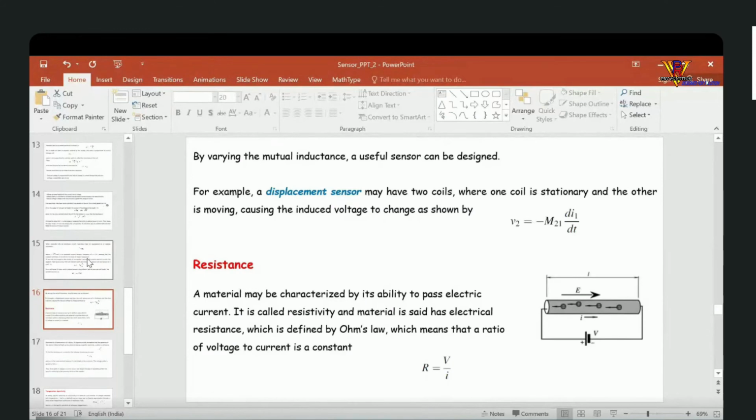So this type of sensor can also be used to sense the displacement. And how does it sense? By sensing the magnetic properties. That is the coupling. Okay. So this is the second sensing principle, meaning how sensors sense different quantities.